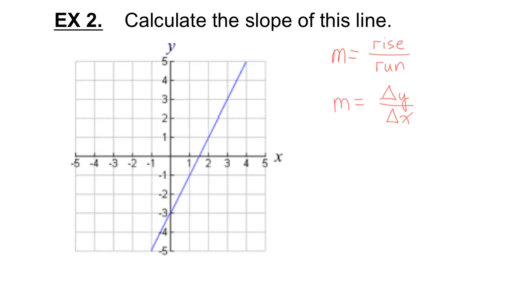So you can pick any 2 points that are easy to find. How about this point here and this point here? They're easy to locate. We can find the rise and the run between them, and we can calculate the slope. Remember to put your fraction in lowest terms, and if the denominator is 1, well, that's just a whole number. So in this case, the slope is 2.